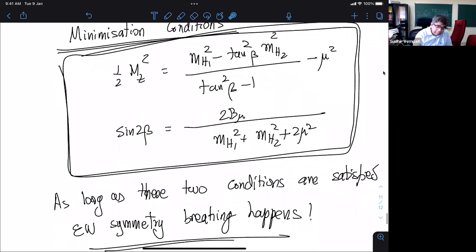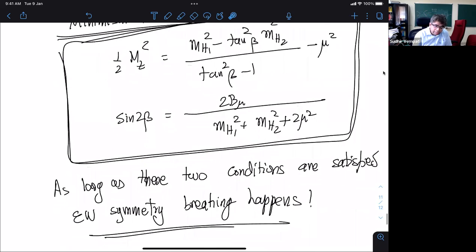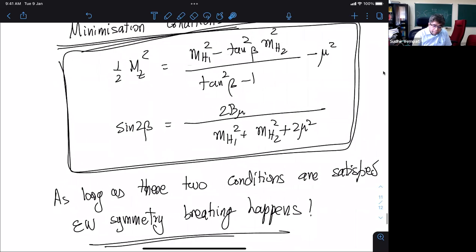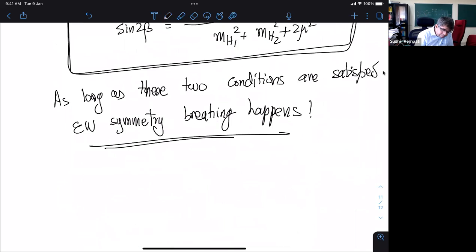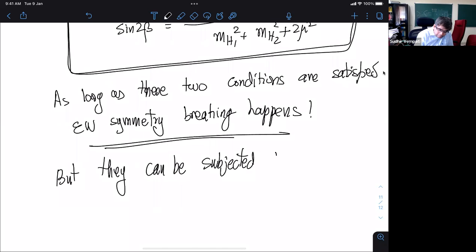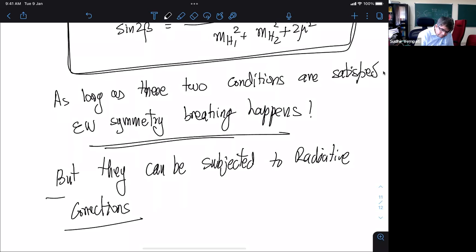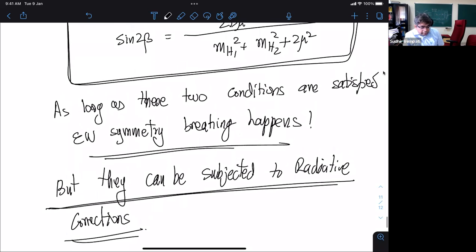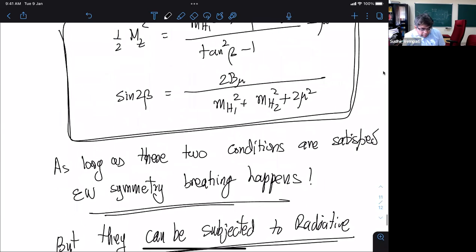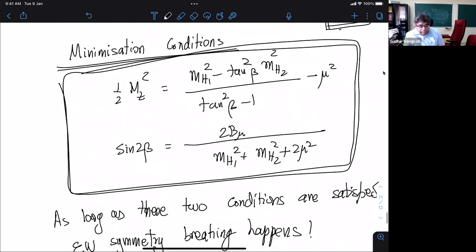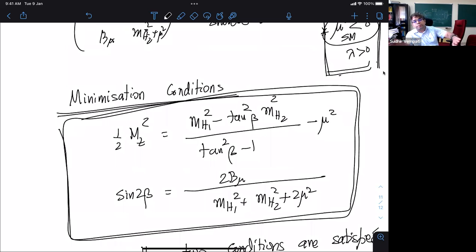Again, I repeat that these minimization conditions are very essential, but they can be subject to radiative corrections. The radiative corrections can be very, very large, and they can play a big role. These two conditions should always be valid when you are choosing any supersymmetric parameter space.